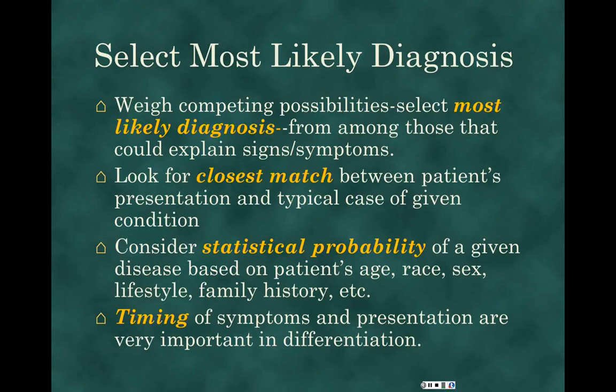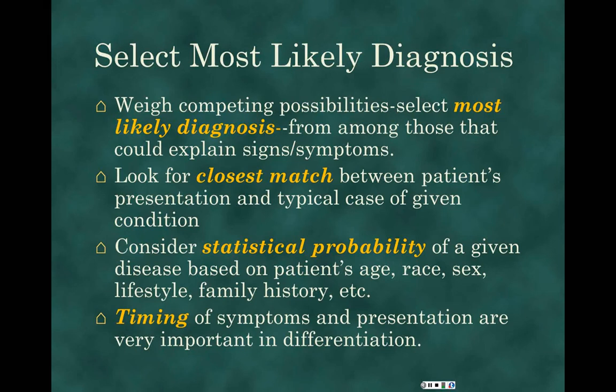For instance, someone who is 25 years old who comes in with a cough and night sweats and fevers would give you a different picture than someone who was 70 years old with cough and night sweats and fevers.